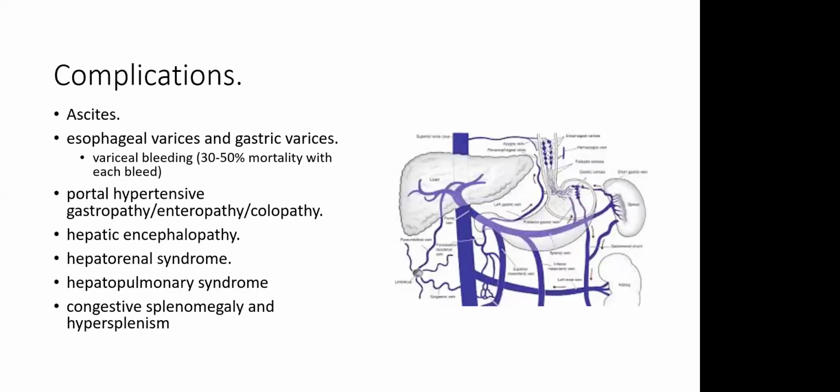Yes, and some of the complications that will require management are ascites, the varices, esophageal and gastric, and then gastropathies, hepatic encephalopathy, hepatorenal syndrome, hepatopulmonary syndrome, and congestive splenomegaly and hypersplenism.